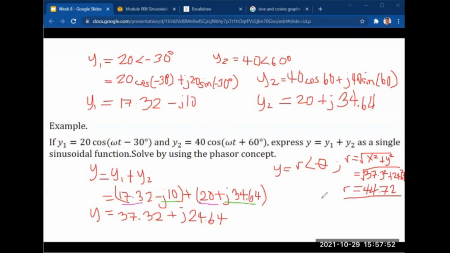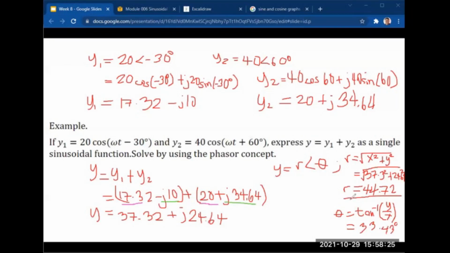Now for our theta, again, it is equal to the inverse tangent of y over x. Our y is the imaginary part, so that will be 24.64. So inverse tangent of 24.64 divided by 37.32 will be equal to an angle of 33.43 degrees.